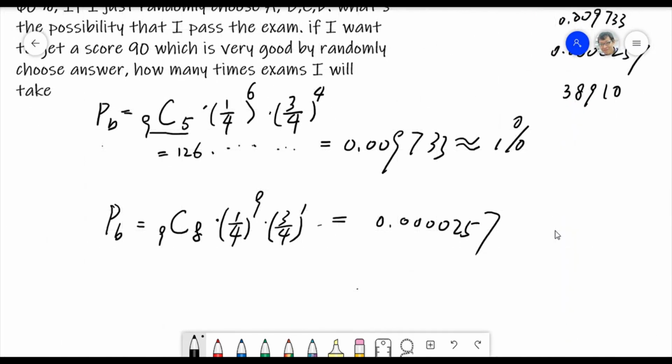Then we come back to our formula of expectation value, which equals R over P. Am I right? R is 1, because I just want to get 90 one time, right? And P is what we just found.